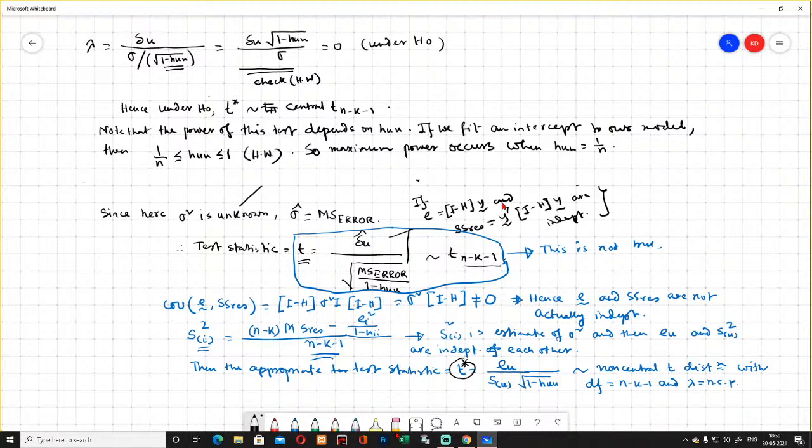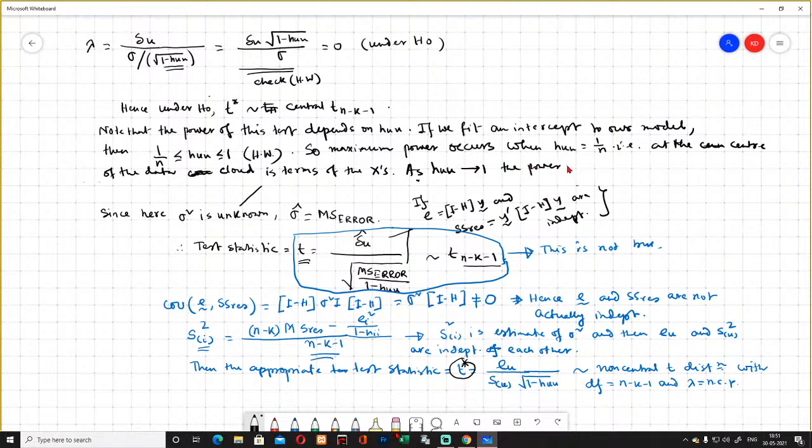That is, at the center of the data cloud in terms of the X's, the power is maximum. As h_ii tends to 1, the power goes to 0.